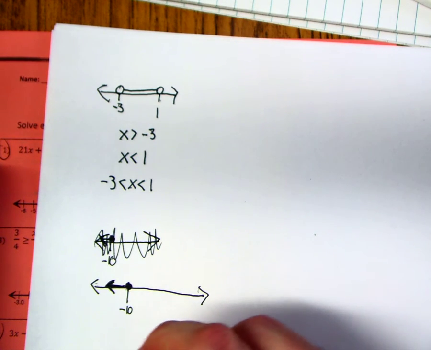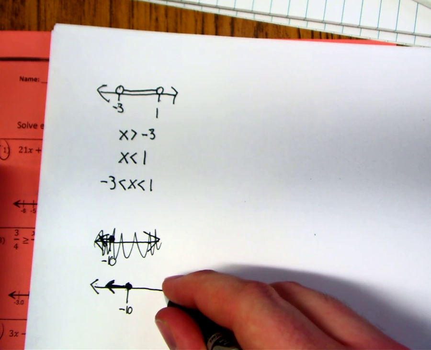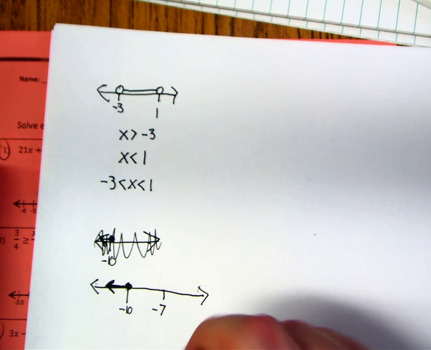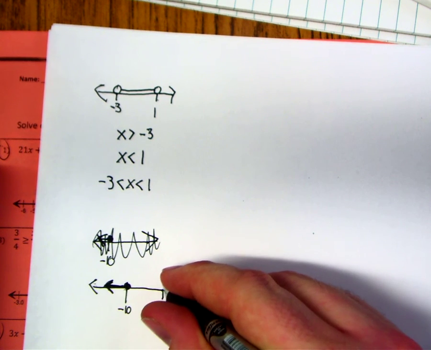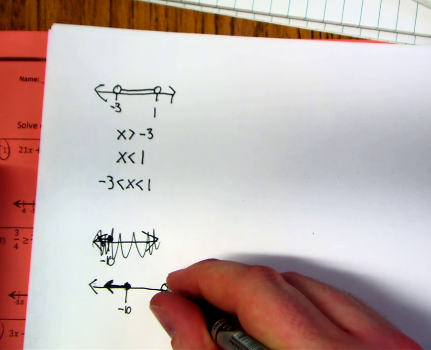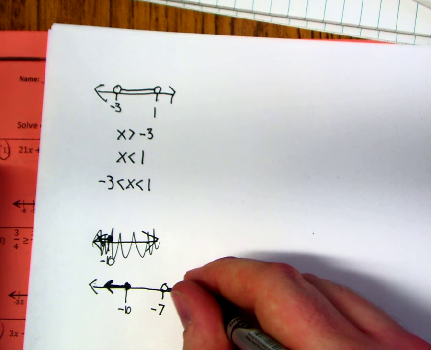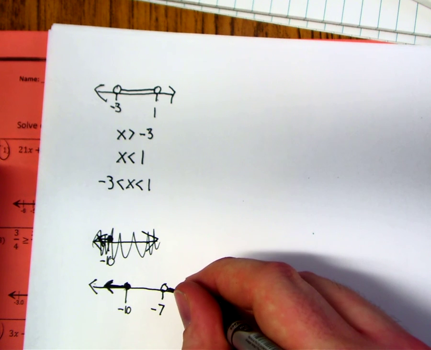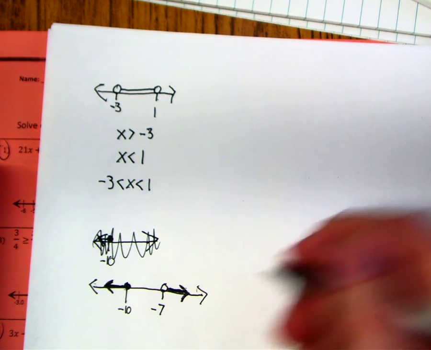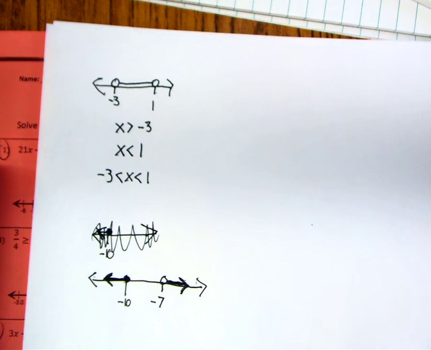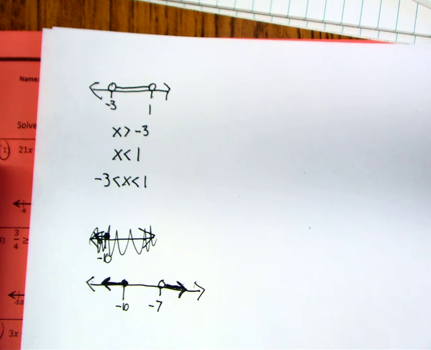And then we'll have another point here at -7. And we have ourselves an open circle. Okay. And it's going to go off to the right there.